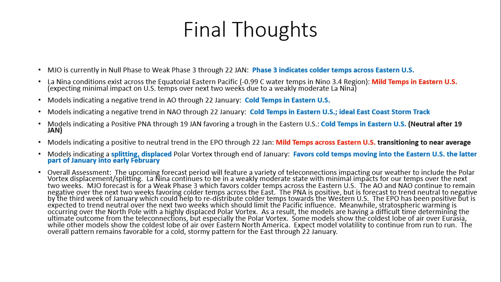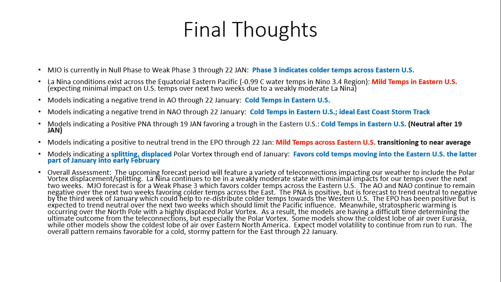So as a result, the models are going to kind of go back and forth from model run to model run. So you might see some differences, but I think the overall pattern, especially 7 days out, again, is starting to come in line with a pattern change with much colder temperatures and Arctic air spilling into the eastern U.S. All right. Some models also, for the vortex, by the way, with the splitting vortex, show one of the cold lobes, the coldest lobe of air, over Eurasia, while other models show the coldest lobe of air over eastern North America.